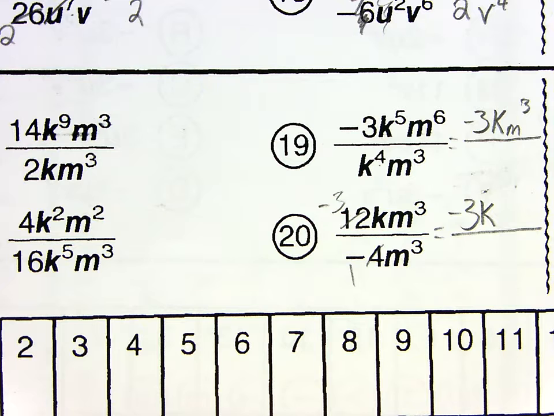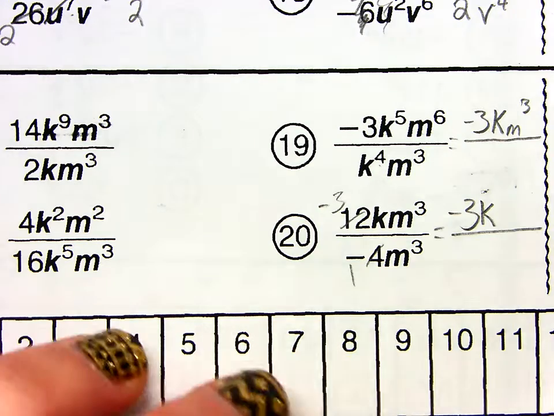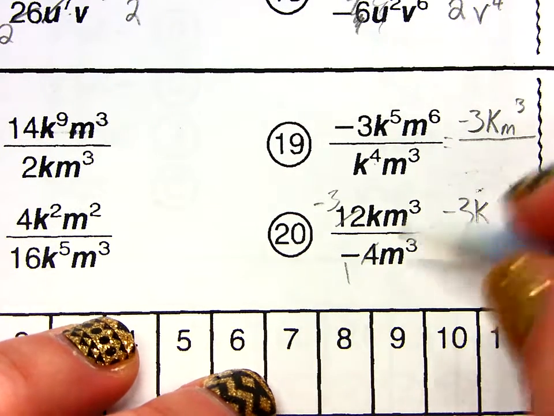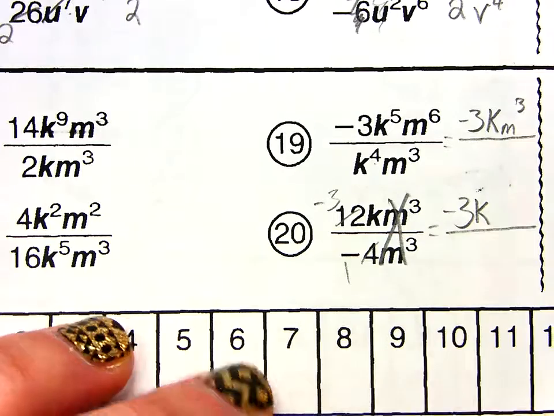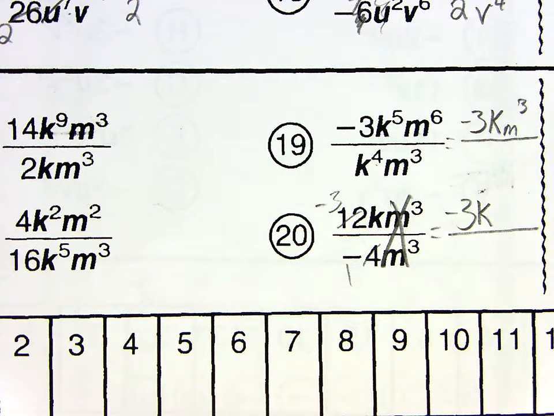And then m to the 3rd over m to the 3rd. Haley C, what do I do with those? Exactly. It really reduces away to just be 1, so I don't even need to write it. So my final answer is just negative 3k. Do I need the 1 on the bottom? You don't need it. You can put it. I don't care. But it's the same thing as just negative 3k.